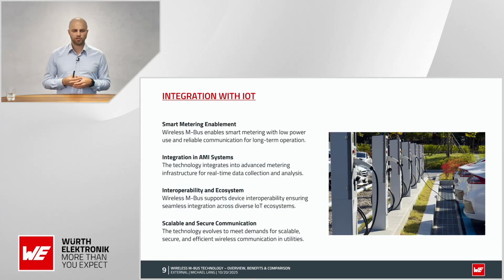It's important for interoperability and for different ecosystems. You can combine different devices from different manufacturers, as meters, as smart meter gateways and things like that, and it's seamlessly integrable into each other or into one IoT ecosystem. And last but not least, it's a scalable and secure communication.